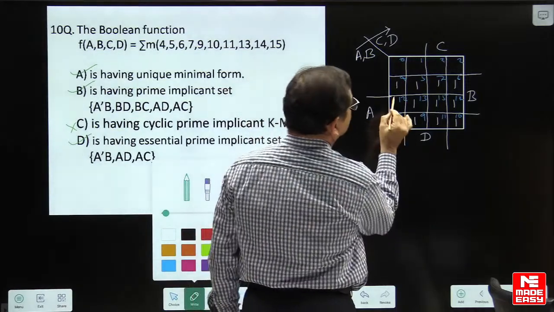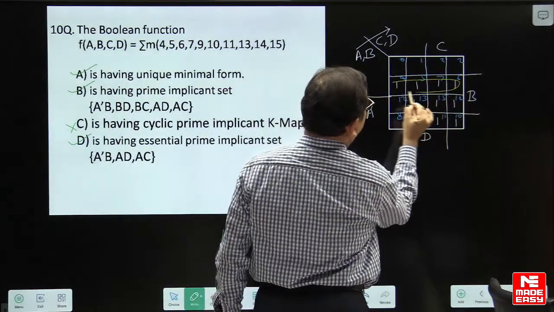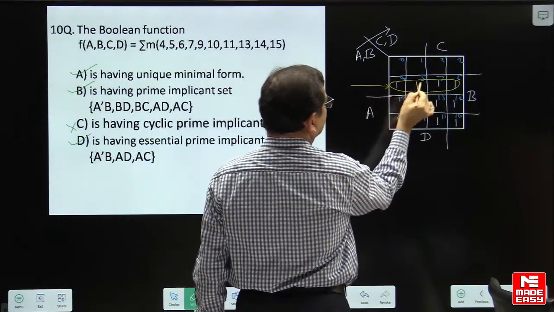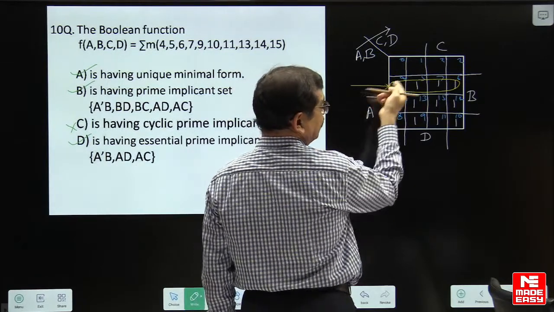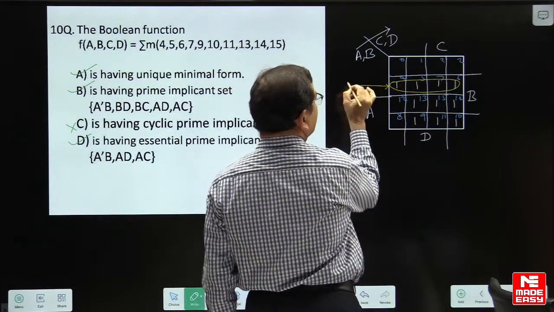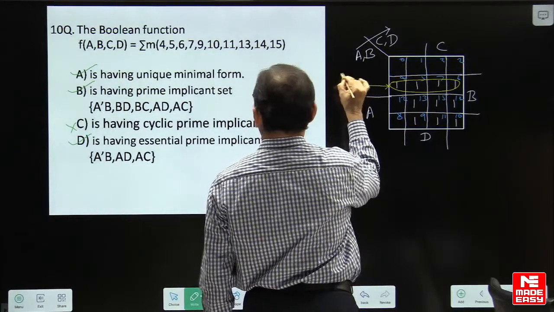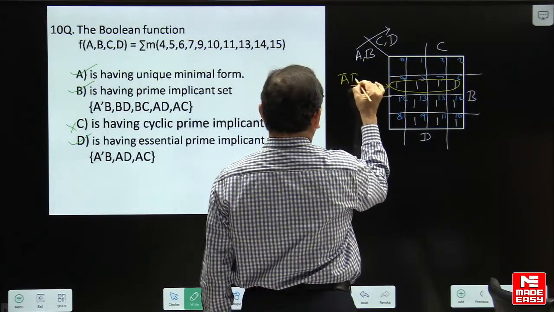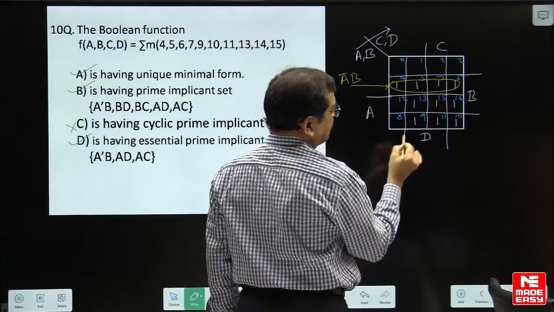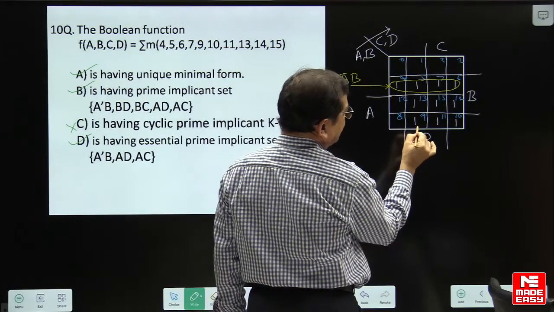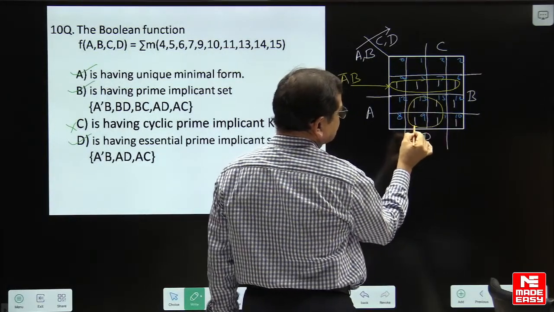If you look, this minterm 4 is possible to cover by using this 4 cell subcube.